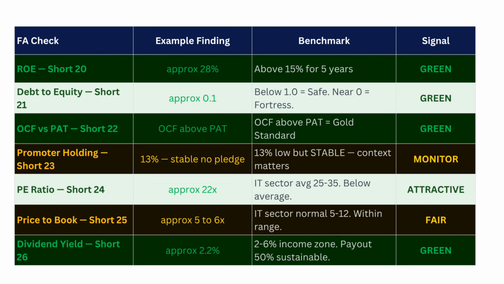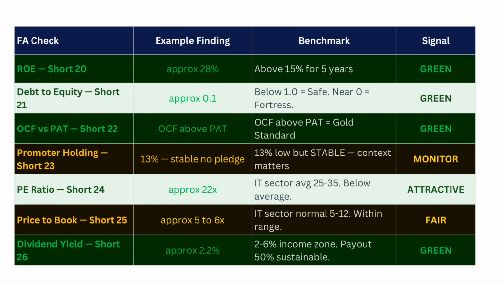Now we will see the FA checks. ROE, short 20: example finding approximately 28%, benchmark above 15% for 5 years. What is the signal? It is green. Next FA check, debt to equity ratio from short 21: example finding approximately 0.1.